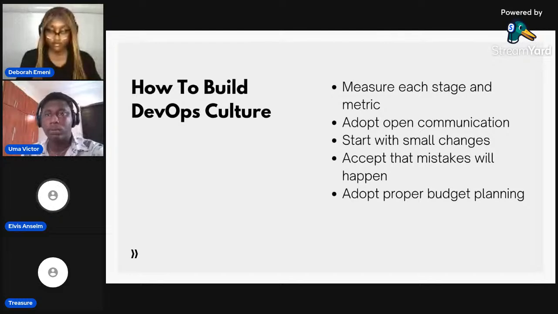Adopt proper budget planning. This is not for you as an individual engineer. This is for the organization, the company, right? Proper budget planning is a very essential element that must be adopted in a DevOps team, right? Sorry.